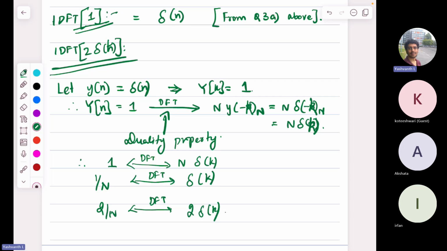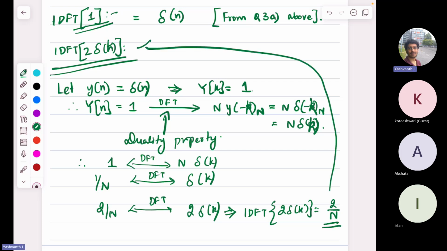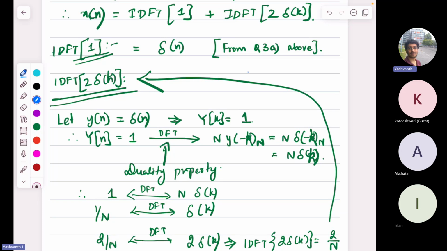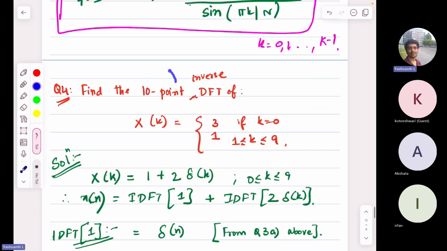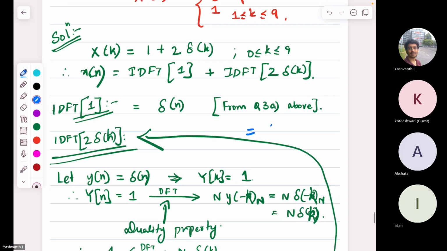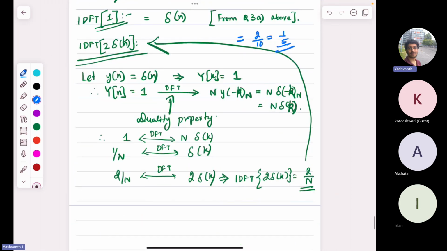It implies that the IDFT, the inverse DFT of 2 delta of k, is nothing but 2 by N. So put this here. What is N here? It is given to be a 10 point inverse, so N is equal to 10. Therefore, this becomes 2 by 10 equal to 1 by 5.